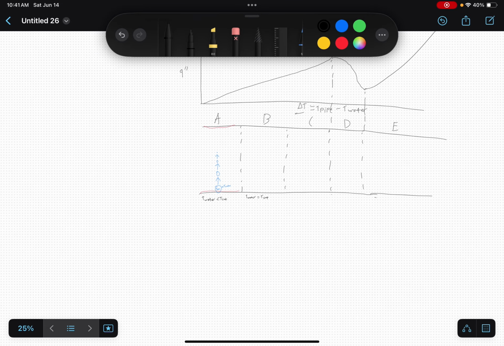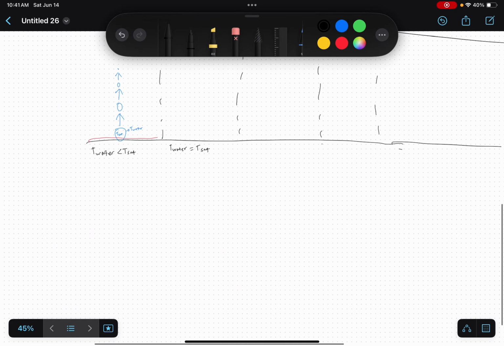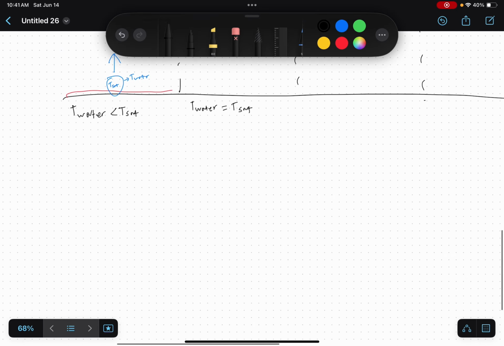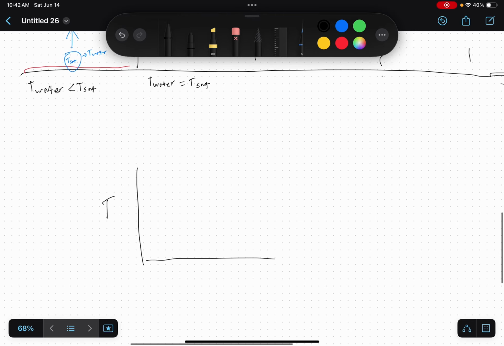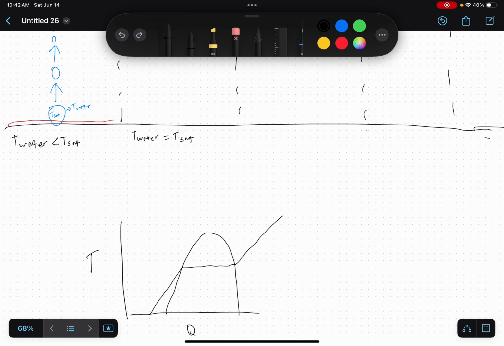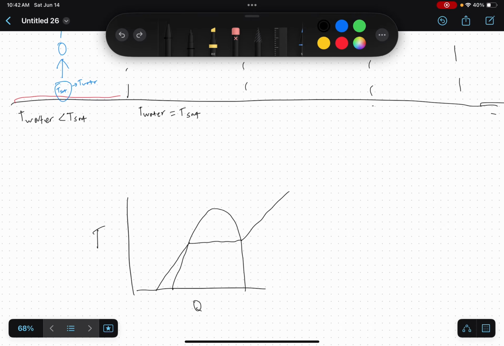And for reference, from this point on, we're going to be in the mixture region. So the water temperature is always going to be at T sat.